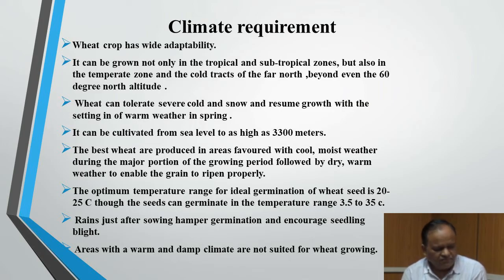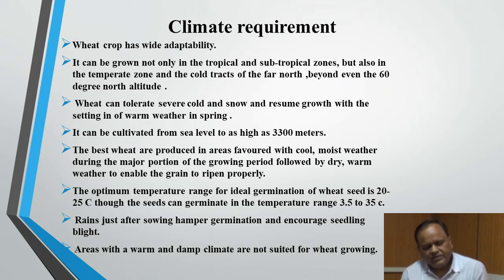It can be cultivated from sea level to as high as 3,300 meters. But the best wheat are produced in the area which has cool, moist weather during the major portion of the growing period, followed by dry, warm weather to enable the grain to ripen properly.